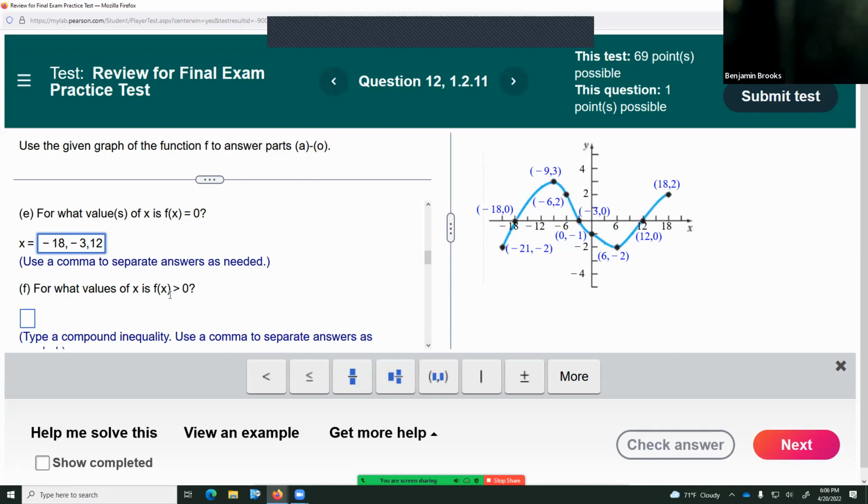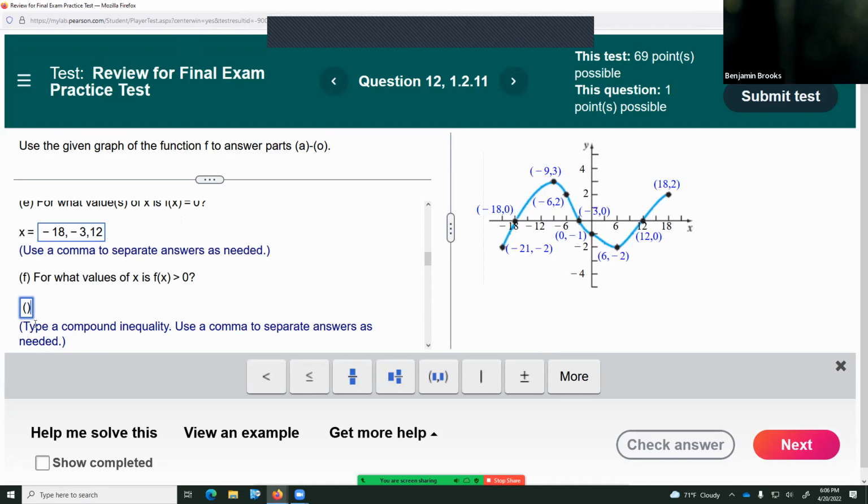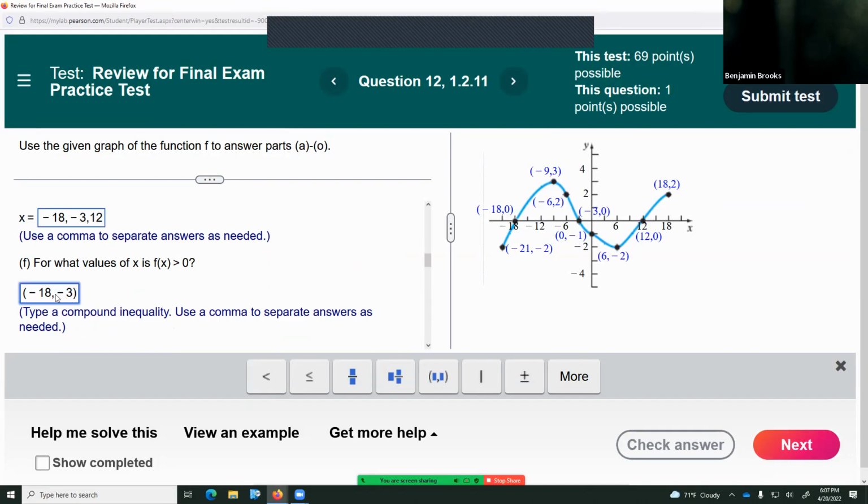For what values of x is f of x greater than 0? Well, you're greater than 0 whenever I'm above the x-axis. So that occurs between -18 and -3. Oh, they want a compound inequality.